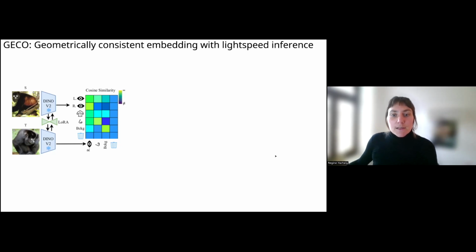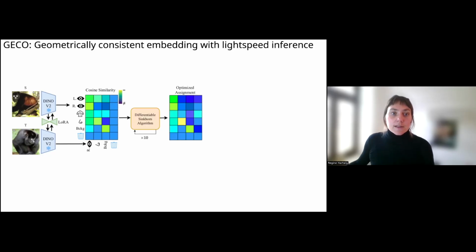We consider this as an input to our optimal transport assignment, because this assignment is not ideal yet. In order to pass it to the optimal transport, we also want to include the bin, which is visible here. So we also allow assignment to the bin. And this is the score matrix input to our optimal transport problem. The optimal transport is a differentiable Sinkhorn algorithm, an approximation of the ideal solution, which is differentiable.